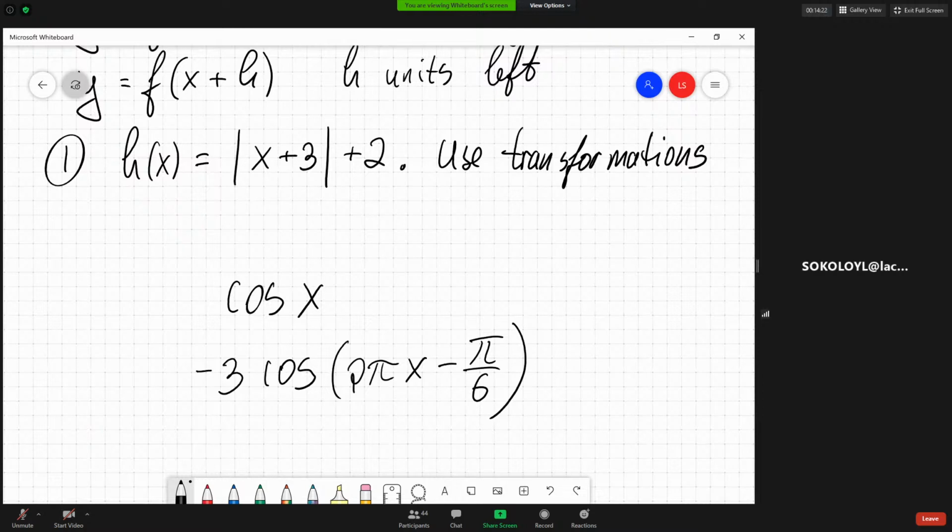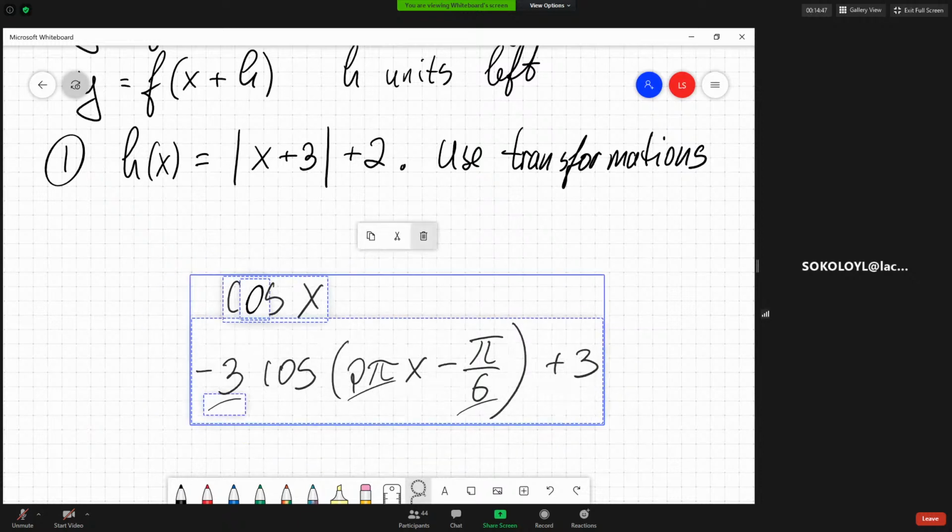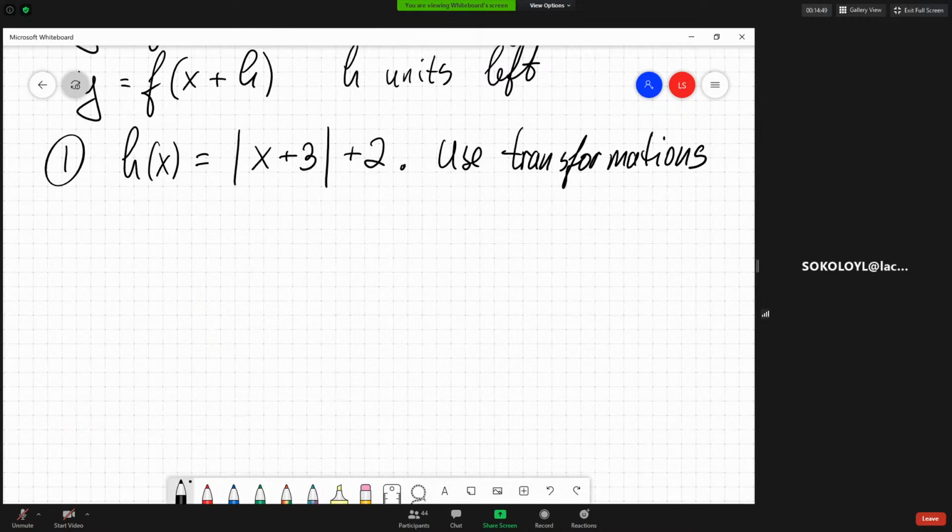We want to instead say, all right, I know what this negative 3 does, I know what this coefficient does, and I know what this minus pi over 6 does, or maybe even plus 3 out there. We want to recognize these transformations regardless of what our parent function is, and then apply them, and that'll be a much quicker approach. So that's why we definitely want to be able to apply the transformations as opposed to plugging in points.